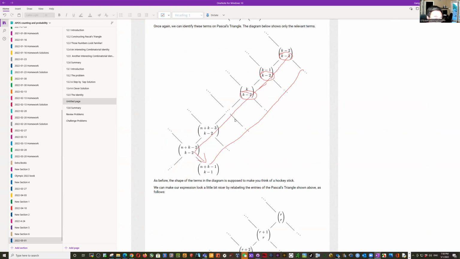So how do you identify a hockey stick situation? If the combination's lower number is the same, that's a hockey stick, especially starting from the head at the top, and then it makes a turn.